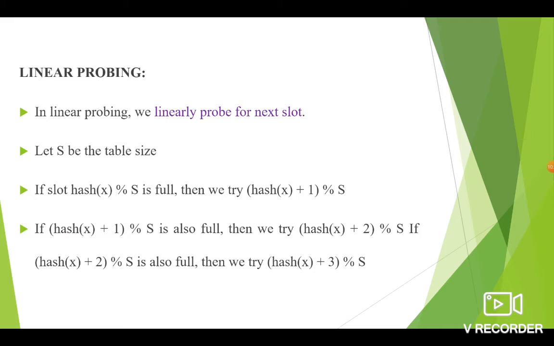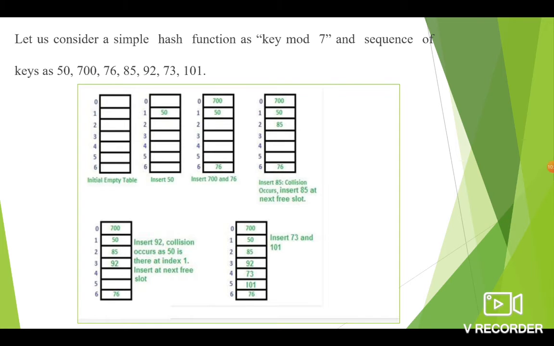If it is full, then you have to go to the next location, hash of x plus 1 modulus S. If it is also already occupied, then you have to go to the next location, hash of x plus 2 modulus S. Like that we are linearly probing for a free slot.